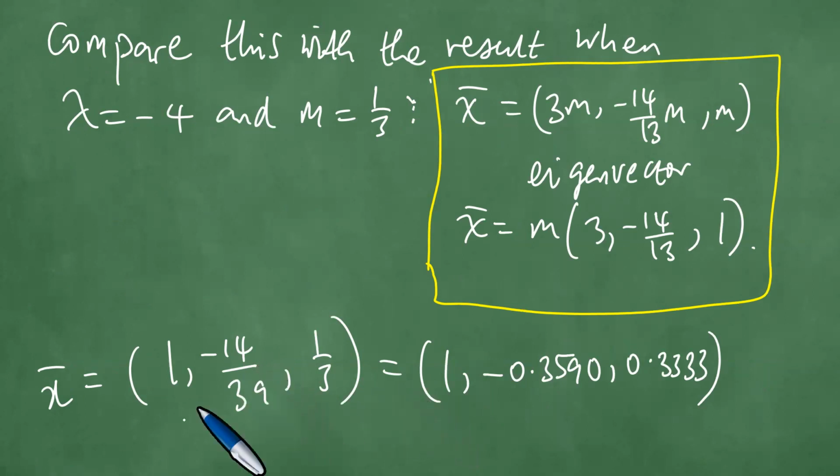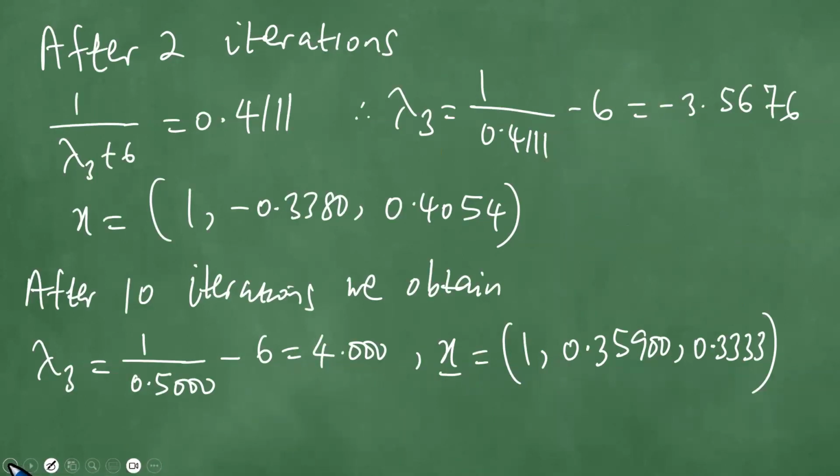The negative is indeed a very correct observation. Here this must be negative, because it is negative here. So this must be negative.